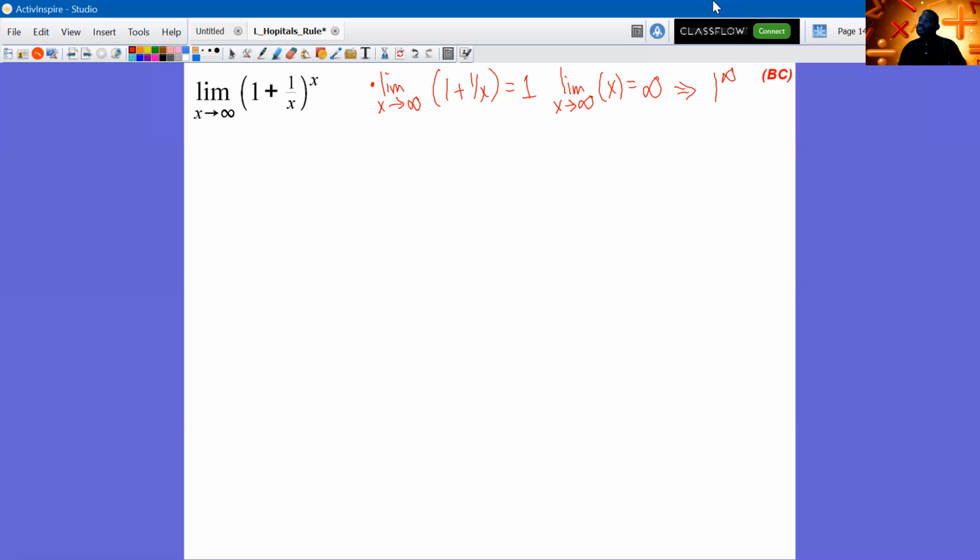Because we have 1 to the infinity, if we recall from our list of strategies from the table, we have to bring in the natural log. So I need to set this equal to y. I'm going to say y equals the limit as x approaches infinity of 1 plus 1 over x to the power of x.